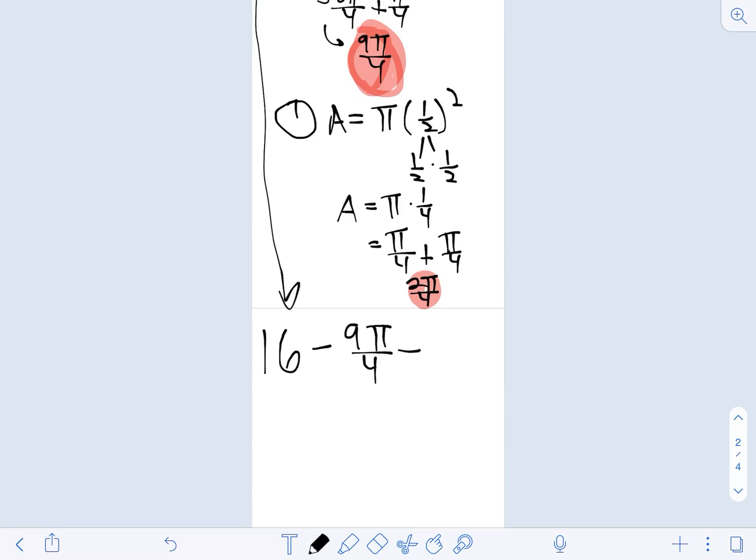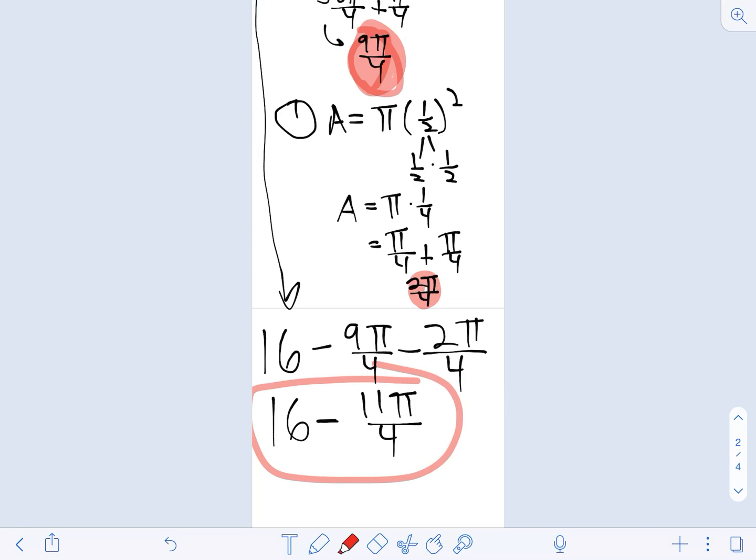And also, we need to subtract the 2 baby circles, which is 2 pi over 4. So together, that's 16 minus, combine these two, 11 pi over 4.